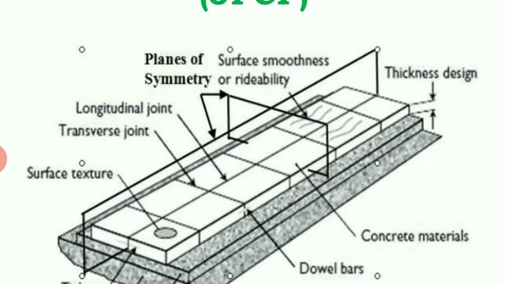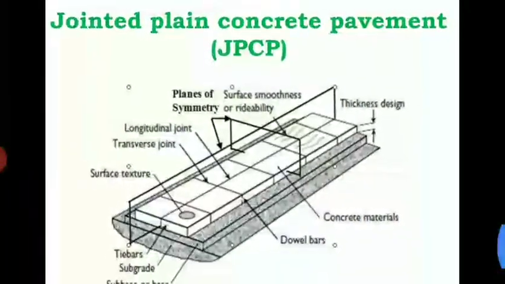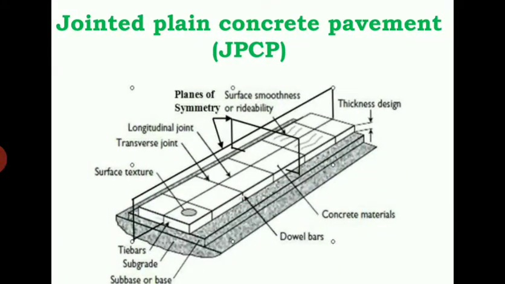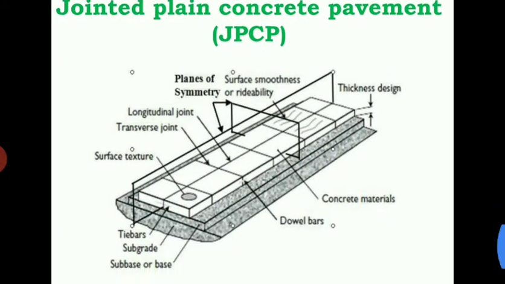The dowel bars work so that whatever load is generated on the top surface is easily transferred to the bottom layers. These joints normally have a spacing of 5 to 10 meters. So for every 5 to 10 meters we can see these joints on the concrete road, especially in jointed plain cement concrete pavements.